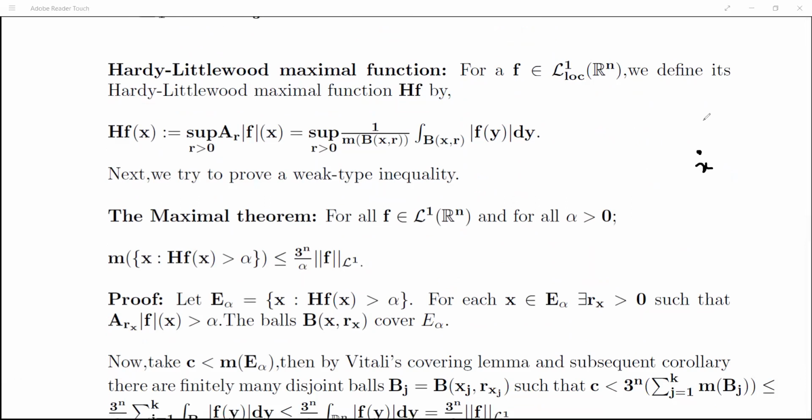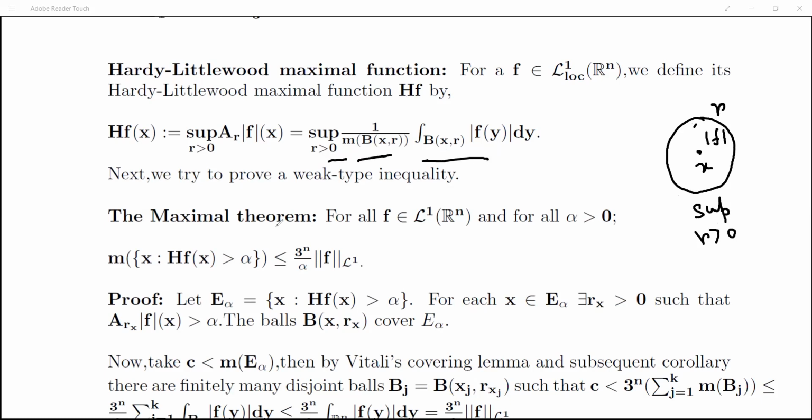You take a center x, you look at the ball of radius r, and then you look at the average value of the function |f|. Instead of f, we are looking at |f| precisely. So look at the average value of |f| on this ball, and then take the supremum over all positive r. So that is what is written here.